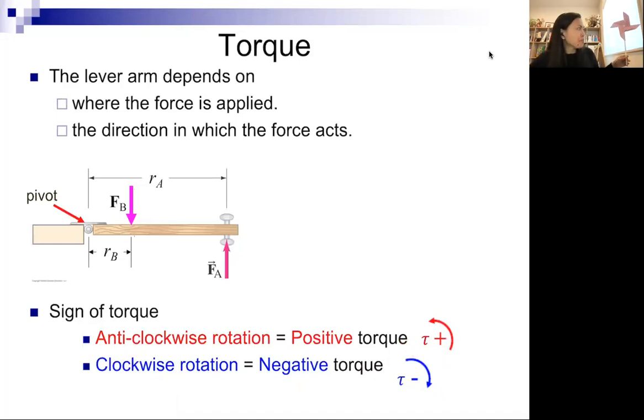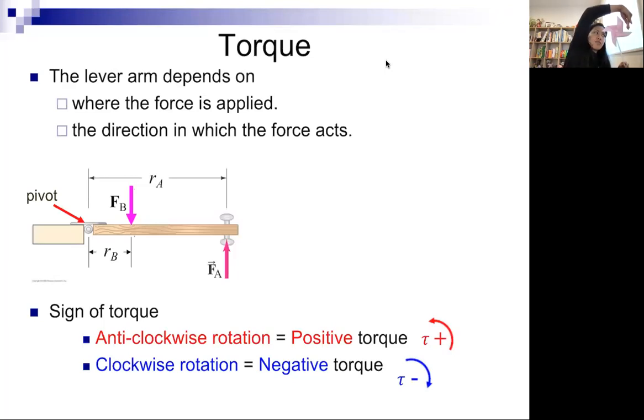Right? So for example, hopefully you can see the video here. I push on this end. Will the force provided by my push on this end of the pinwheel be a positive torque or a negative torque? There's a downward force on this end of the pinwheel.